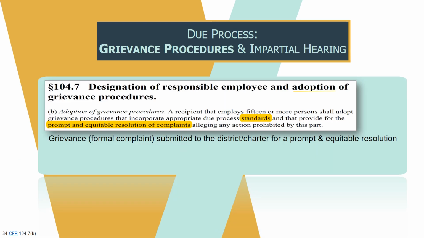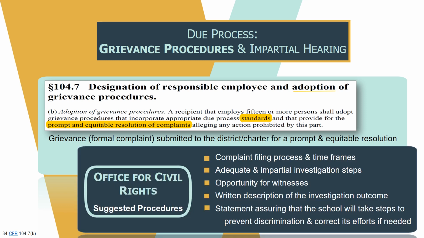A formal complaint is called a grievance. Section 504 grievance complaints may be submitted by parents and must be resolved promptly and equitably. To make this available to parents, the school system must adopt Section 504 grievance procedures. Section 504 grievance procedures must incorporate appropriate due process standards.